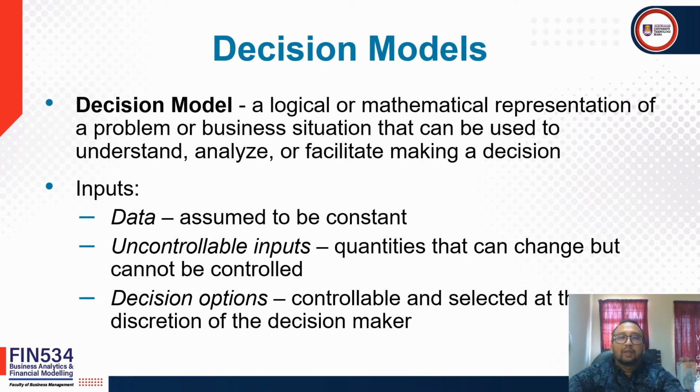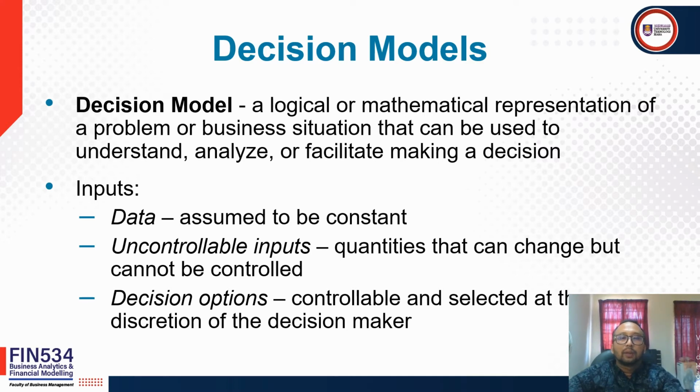Next, decision models. What is a decision model? It's a logical or mathematical representation of a problem or business situation that can be used to understand, analyze, or facilitate making a decision. So there are three inputs: data, uncontrollable inputs, and decision options.